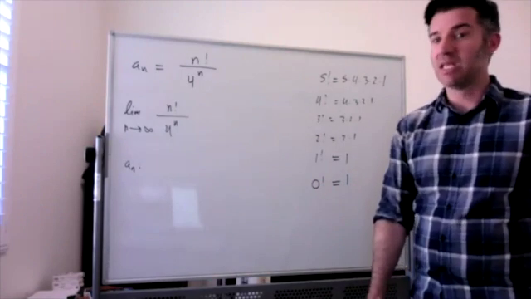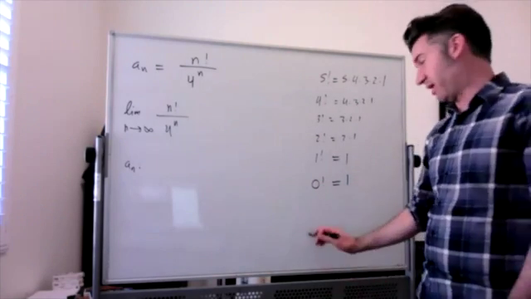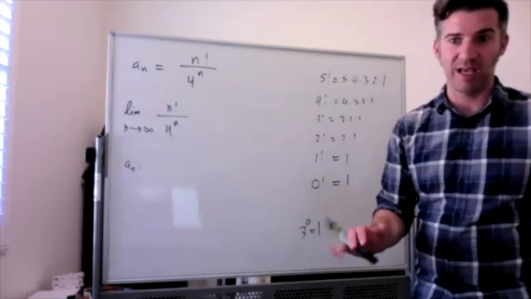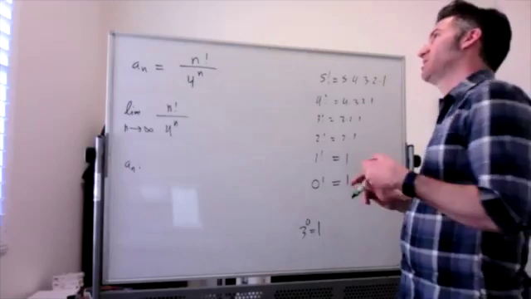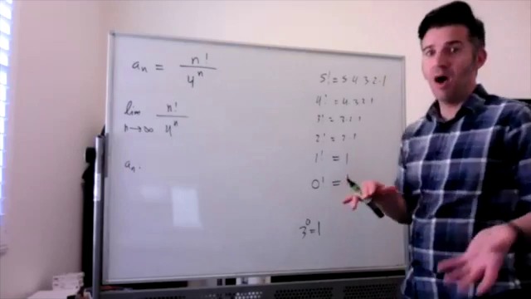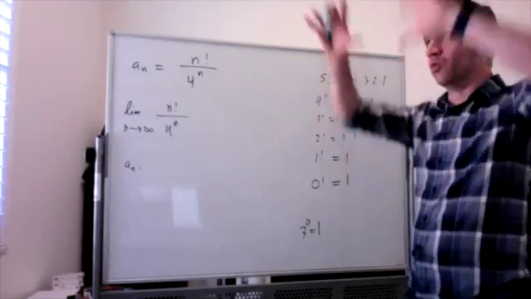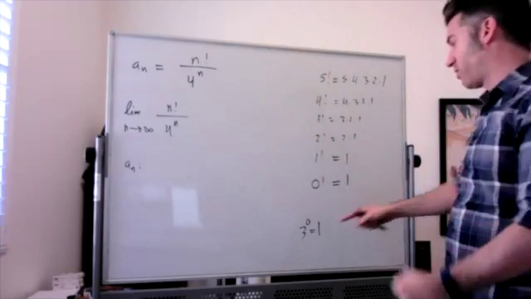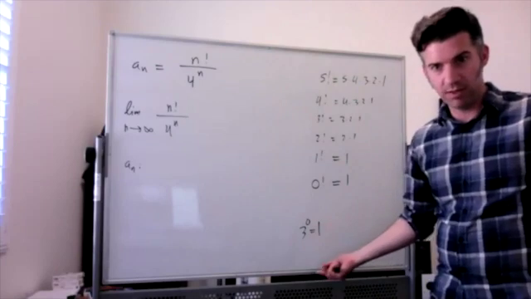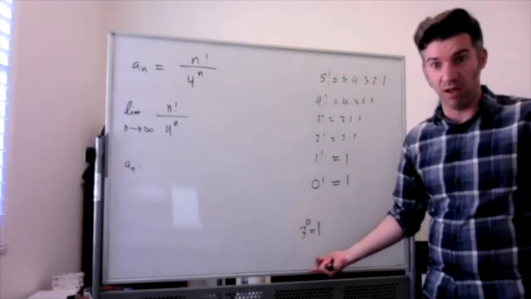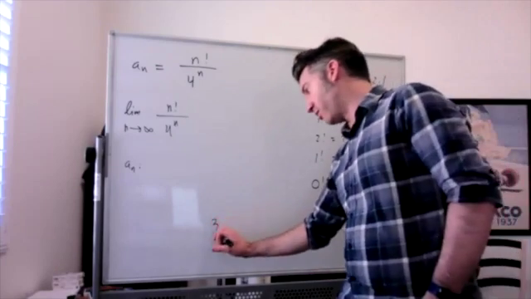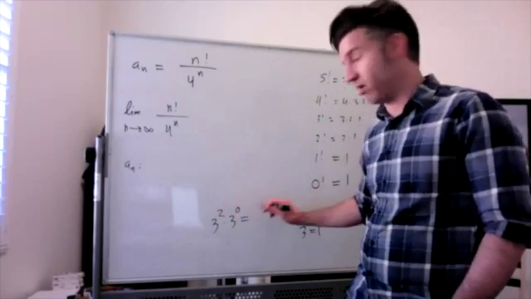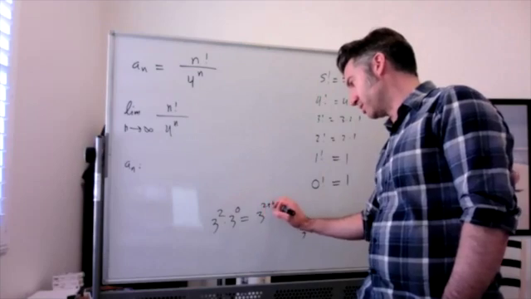It's kind of similar to why 3 to the 0th power equals 1. It's not exactly the same, but other rules that we have all agreed on make it so that 3 to the 0 has to equal 1. This is true because of the additive law of exponents. We know that 3 squared times 3 to the 0, we get to add the exponents there and get 3 to the 2 plus 0.